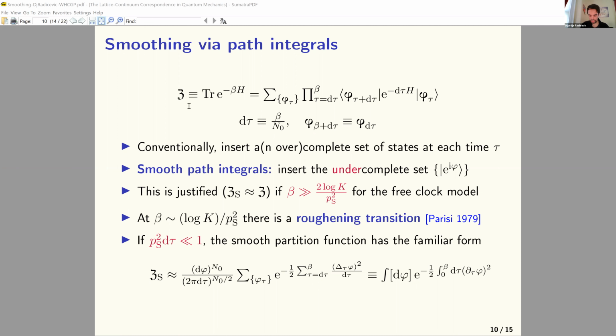Another thing I want to stress is that as your temperature rises, so that the inverse temperature beta gets to this sort of cutoff level, then you have something that is very reminiscent of what lattice gauge theorists in the 70s and 80s called the roughening transition, appropriately named, given my language here.